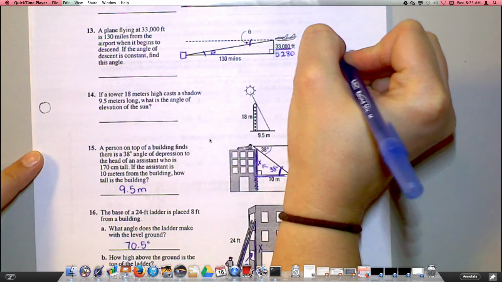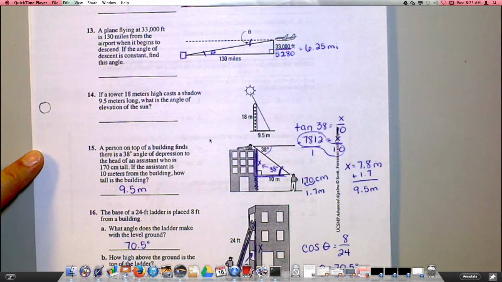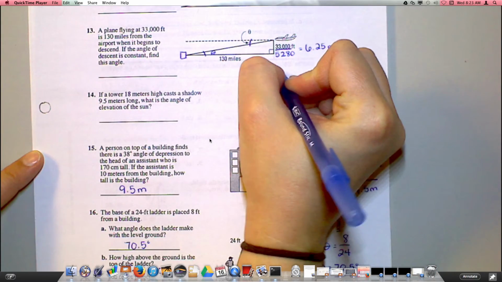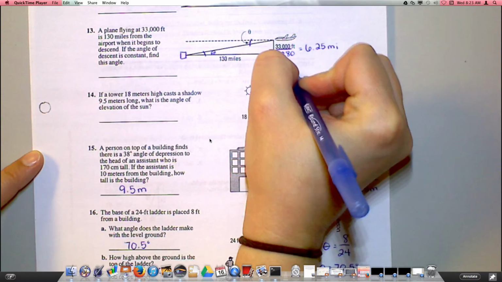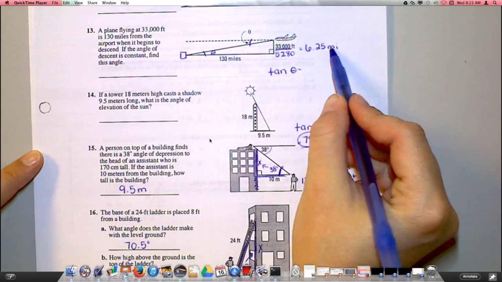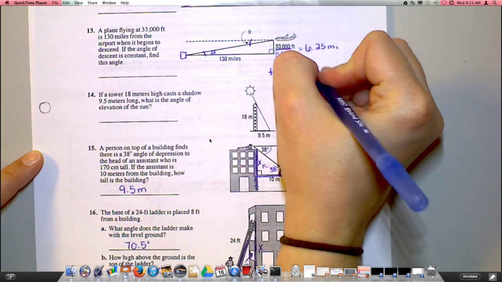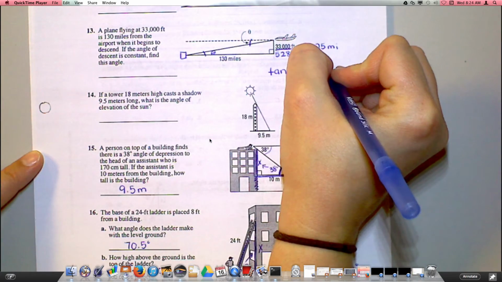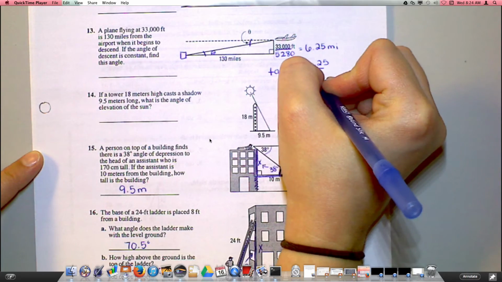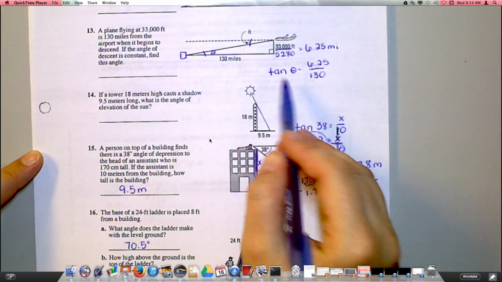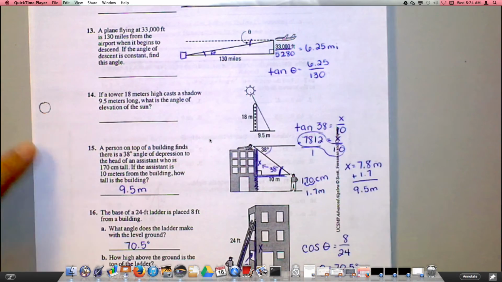And now that I have those in the same unit, now I can set up tangent of theta is equal to opposite over adjacent, so that'd be 6.25 over 130. And then let's do second tan of that divided by that.